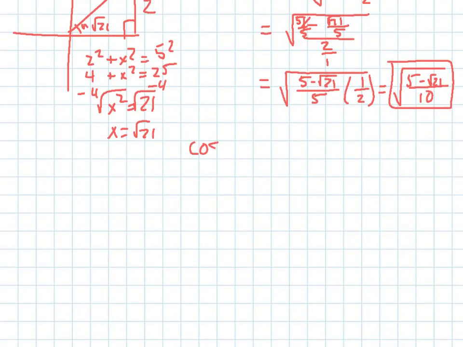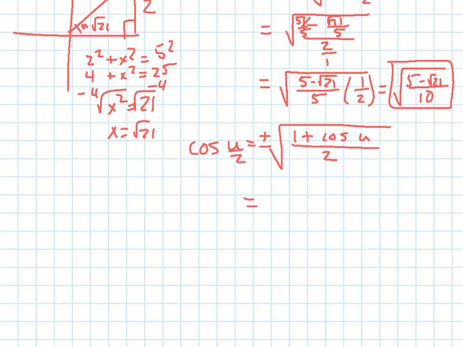Cosine of u is going to be very similar, just 1 plus cosine of u. Okay? Now, same thing, you're in the first quadrant, so it's a positive square root. So 1 plus, same thing, square root of 21 over 5, over 2.